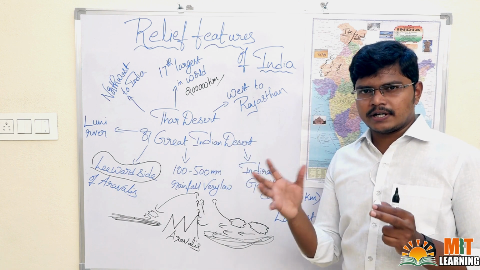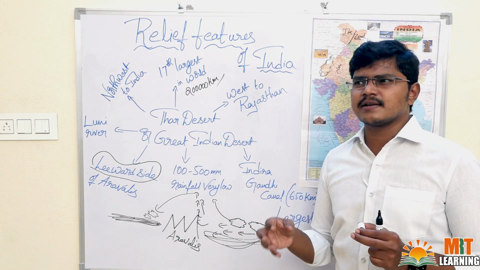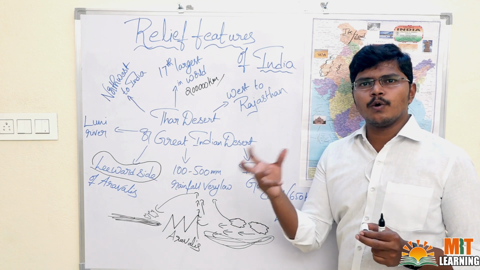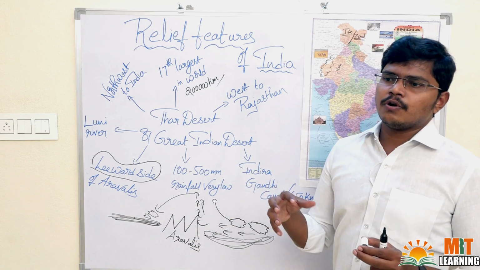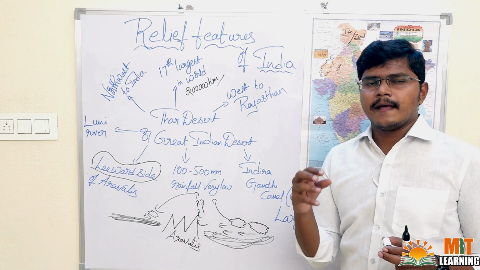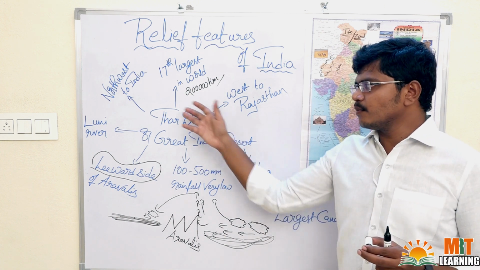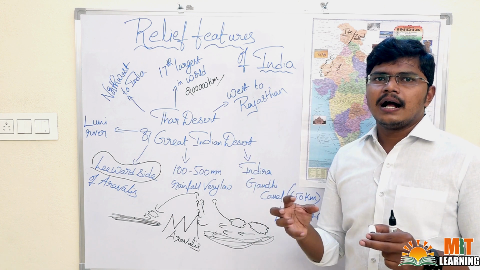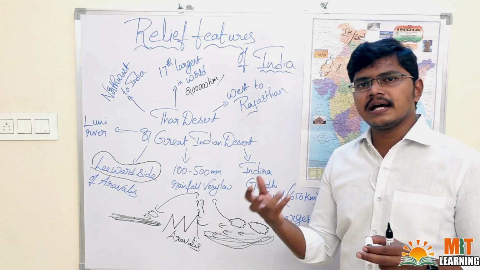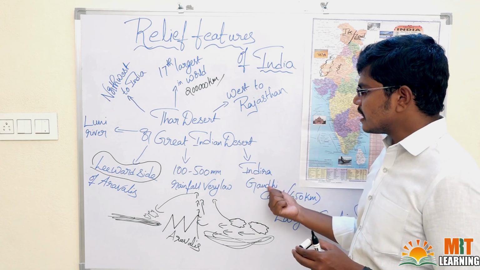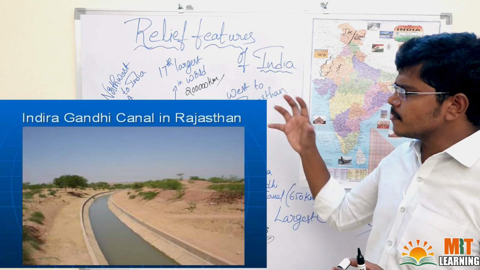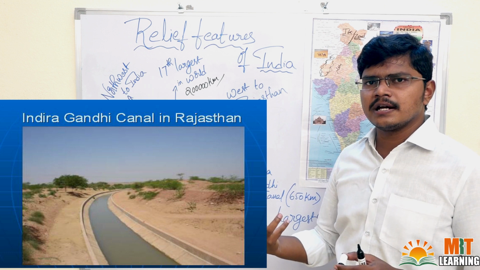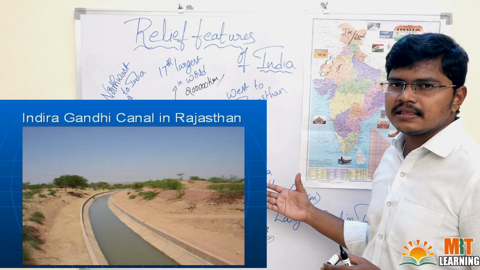The vegetation in the Thar Desert is very low, very few plants, very few animals, and people are also very sparsely populated near that desert. Then how are they living? How are these people living there without rivers, without rainfall? Because of the Indira Gandhi Canal.